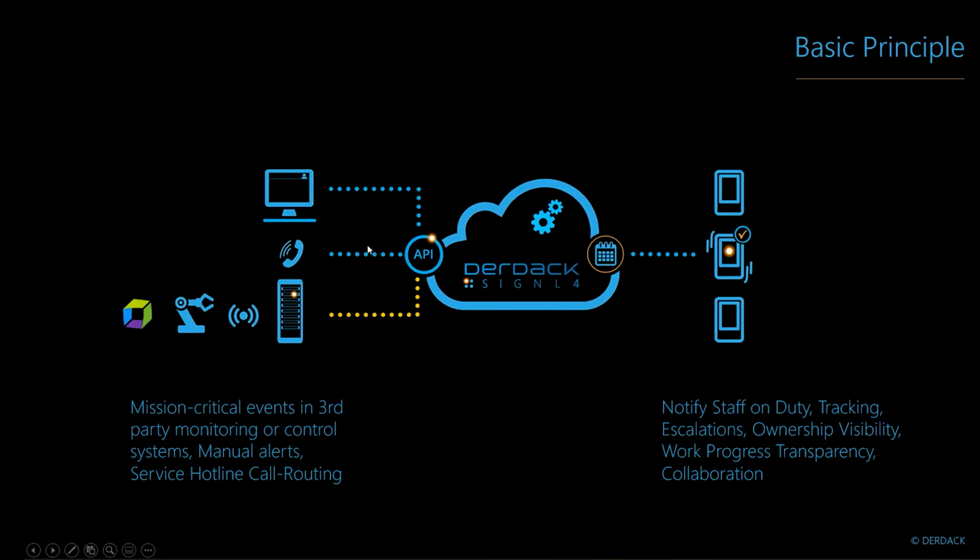That data goes into SIGNL4 using several APIs. From there, SIGNL4 decides who is responsible for that specific problem at that given time. Then the alert goes out to the responsible team or user using different communication channels, for example app push, SMS text, or a voice call, which is a good way to wake somebody up at night.